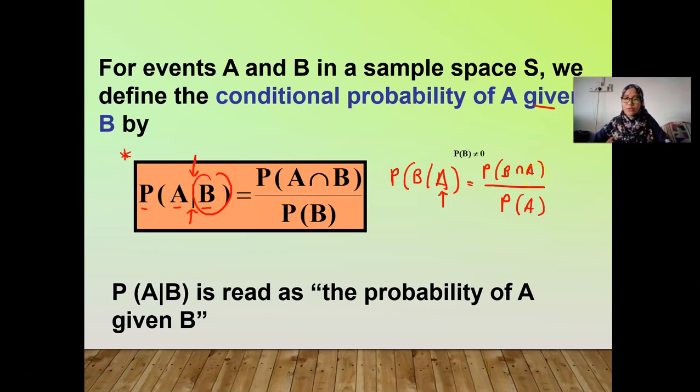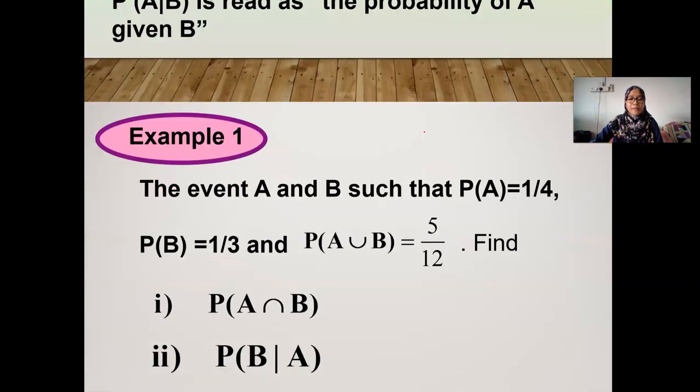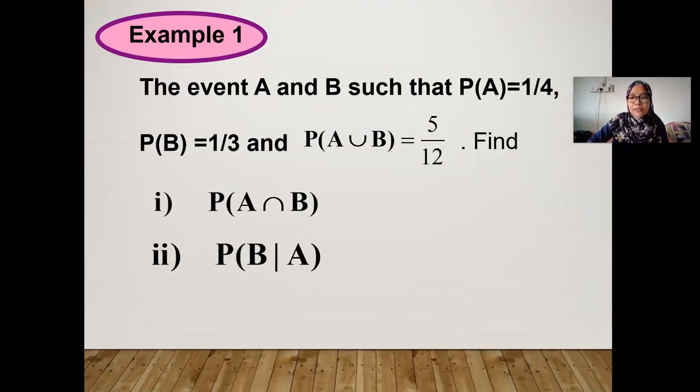I think that one should be clear. We read it as P(B given A) equals P(B intersect A) over P(A), where P(B intersect A) is also equal to P(A intersect B). The other way around is also fine, they are the same. Alright, let us see the example.